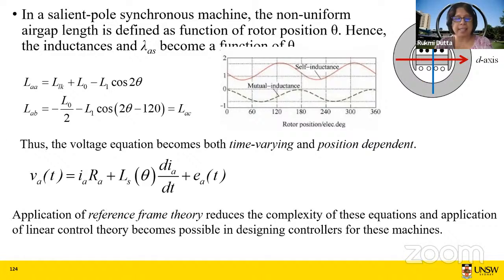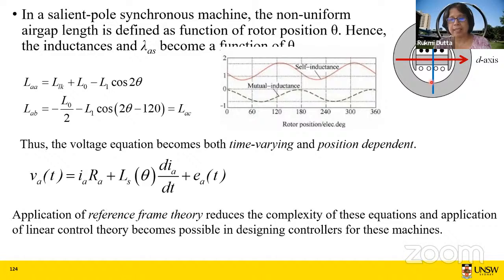That's the salient pole synchronous machine. And since we also have PMSM machines, such as the interior type PM machine, which behaves like a salient pole synchronous machine, in those PMSM also the inductance will have a similar thing.